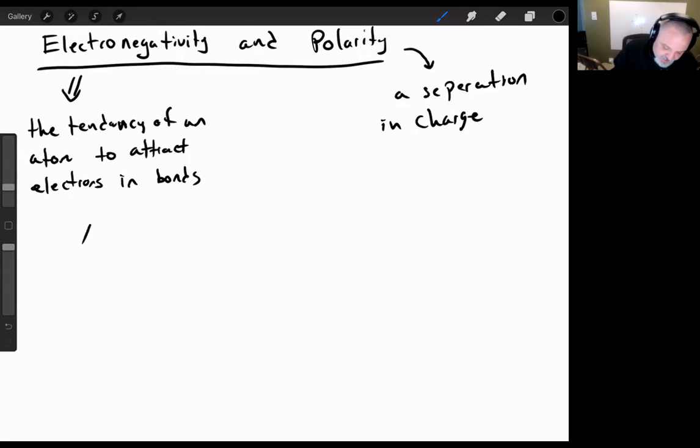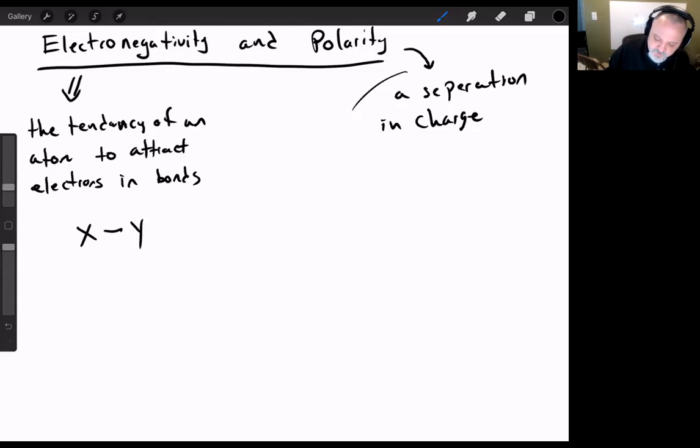If you have two atoms, X and Y, and they don't share electrons evenly, in other words, they're sharing electrons because they're covalently bound, but they're not doing it evenly because one atom has a stronger tendency to attract electrons, then the atom that is more electronegative will have the electrons a little bit more than the one that's less electronegative.